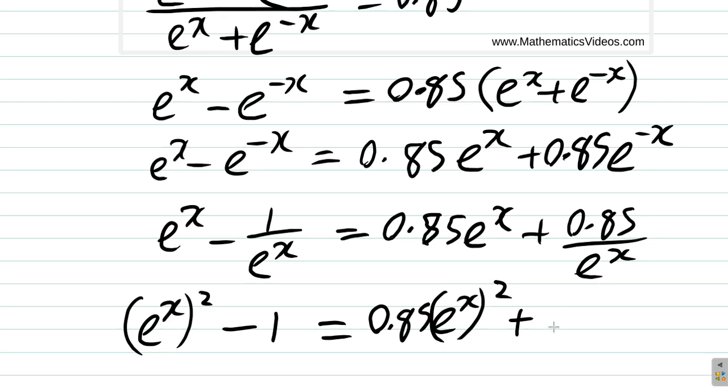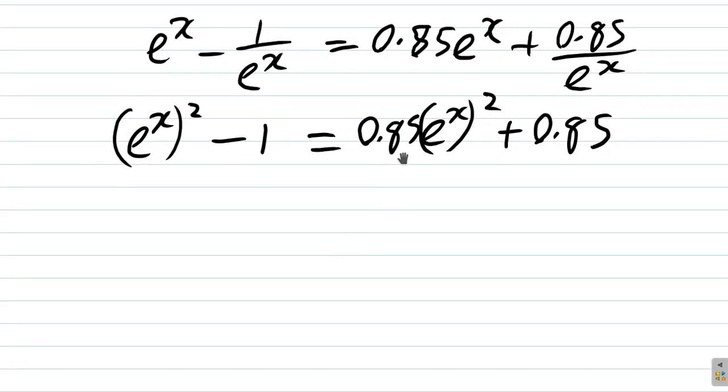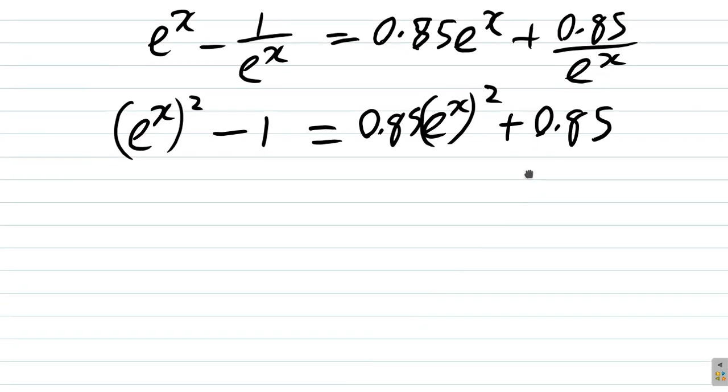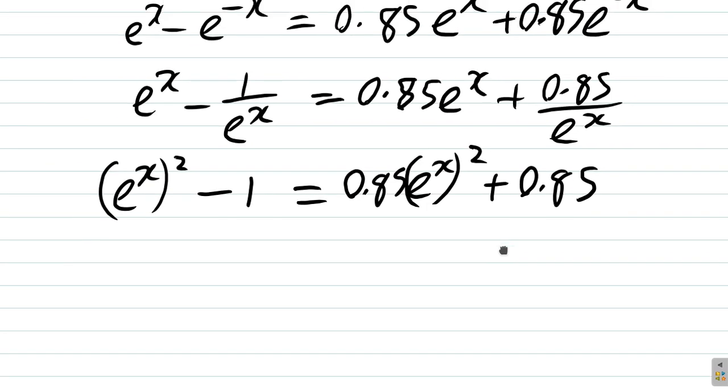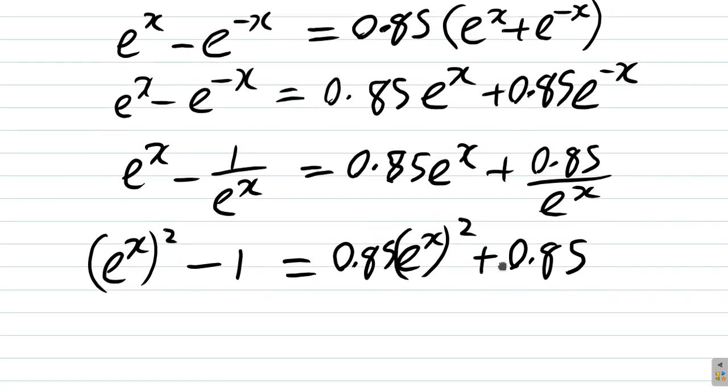So you would have 0.85 left. Okay, let's subtract everything on the right and make it equal to 0, because I recognize that we seem to be getting some form of quadratic equation here.